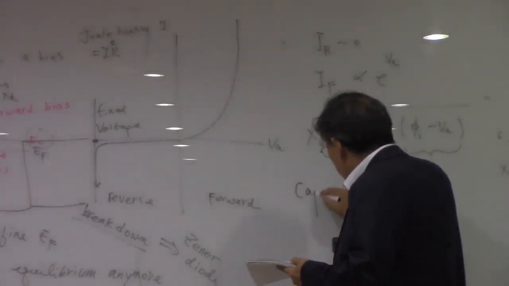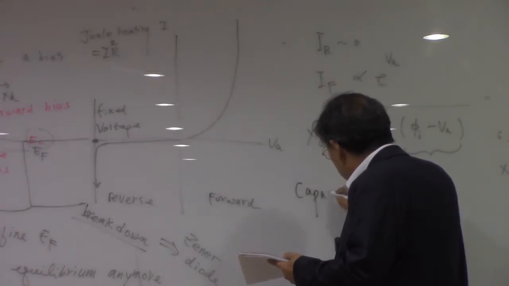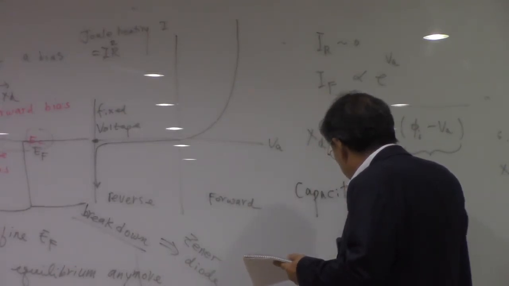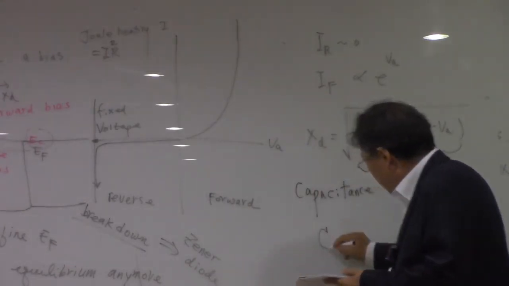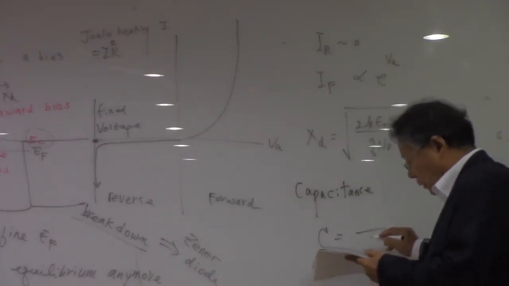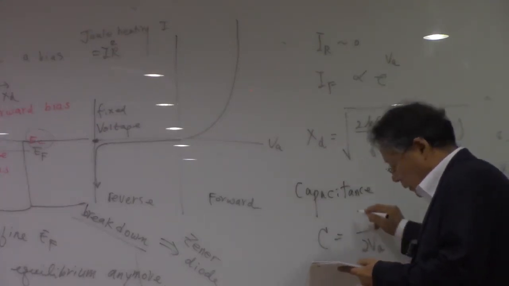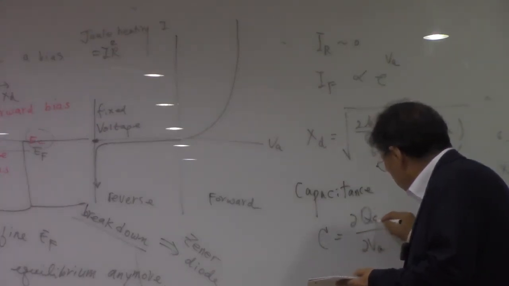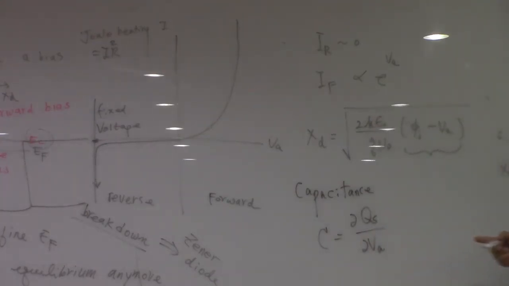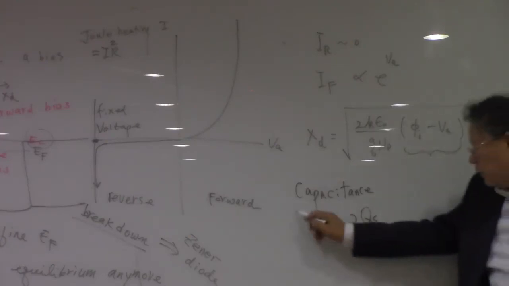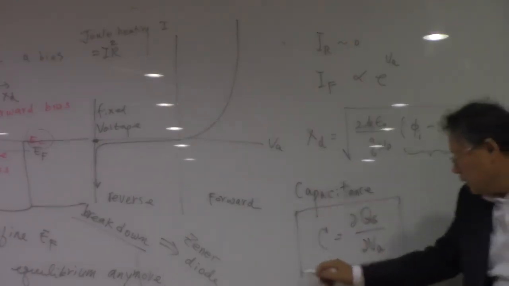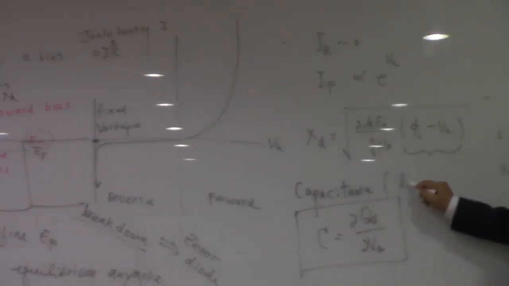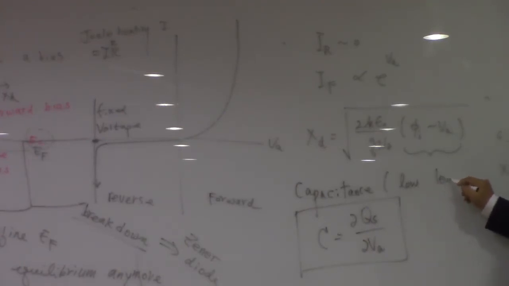Now, another important parameter in the metal-semiconductor junction is the capacitance. And that capacitance is the charge change with respect to the applied voltages. There's a definition of the capacitance in the low-level injections, of course.